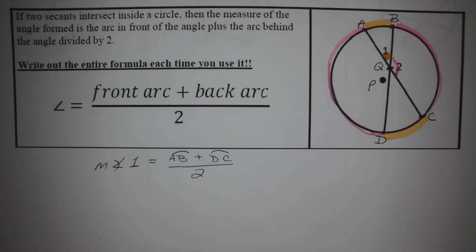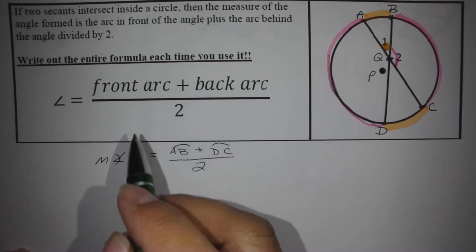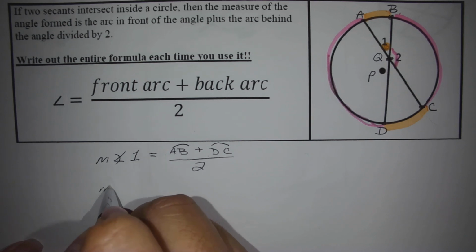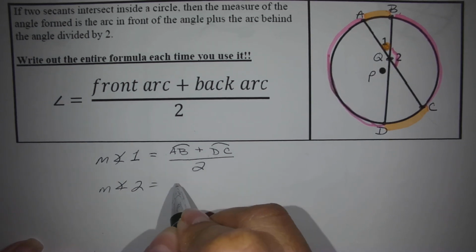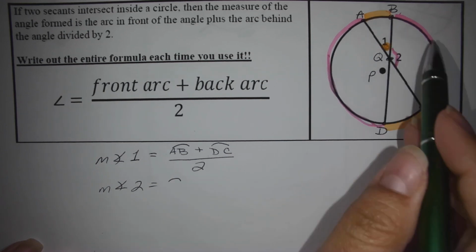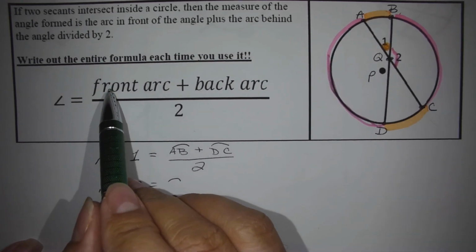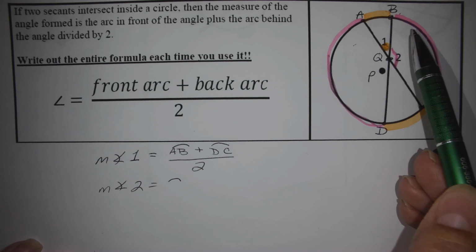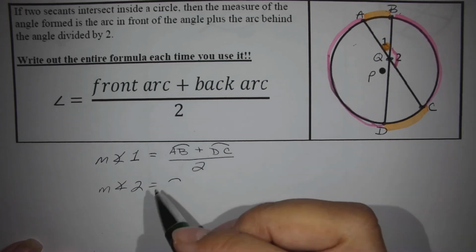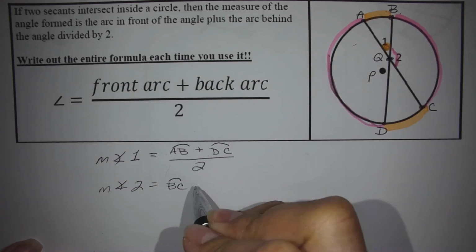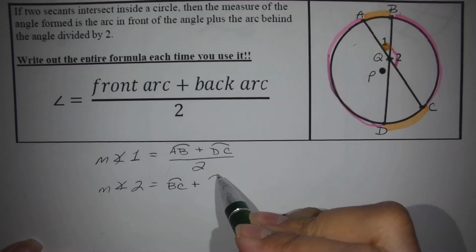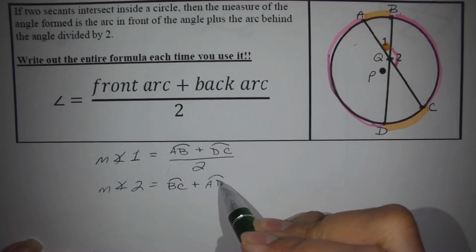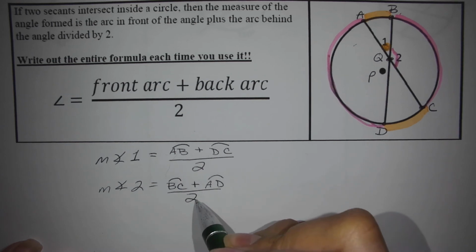We're going to have 2 different situations happening in this kind of problem. So we have the measure of angle 2 being arc BC, and we're saying the front. So in front is BC, and the back arc would be AD. So we have BC plus AD, and then that's going to be divided by 2.